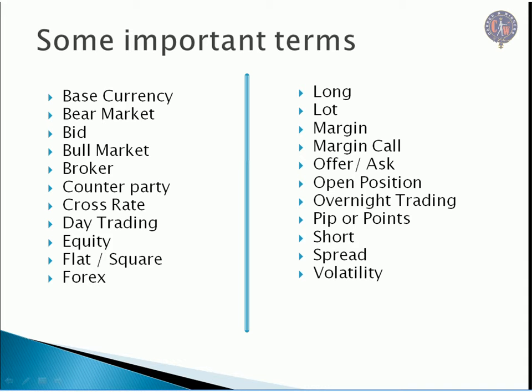Term number 12, long. Long is a market position where a client has bought a currency he previously did not own. Long is normally expressed in the base currency terms. For example, long dollar means short euro.